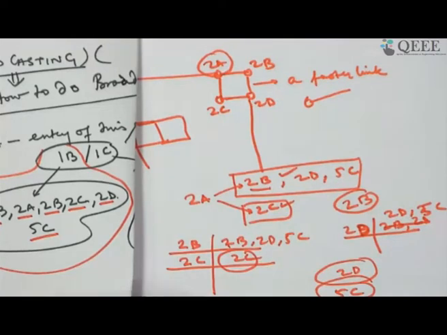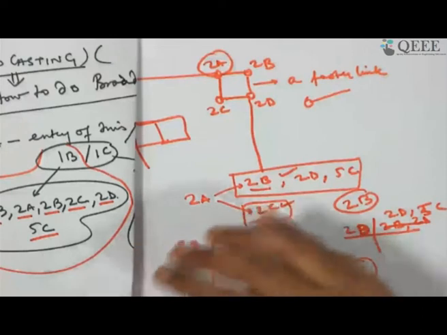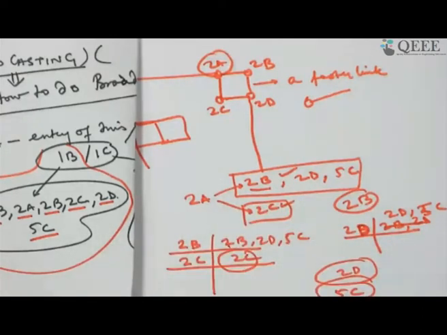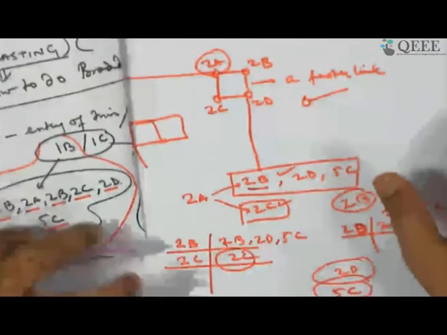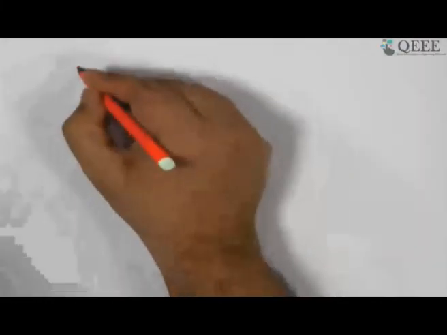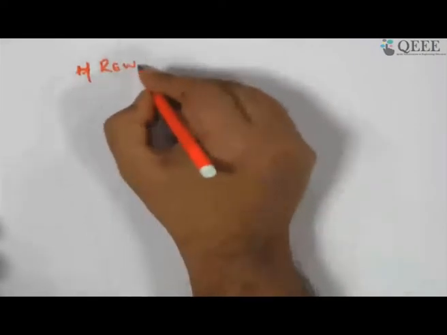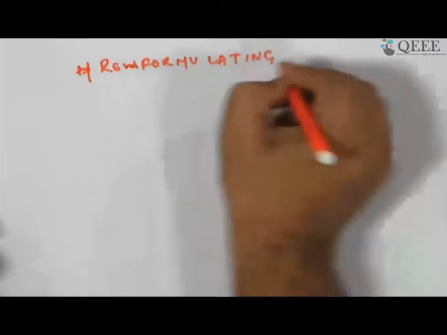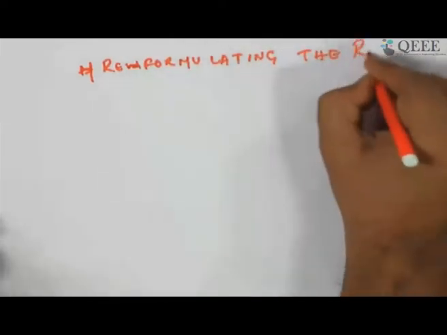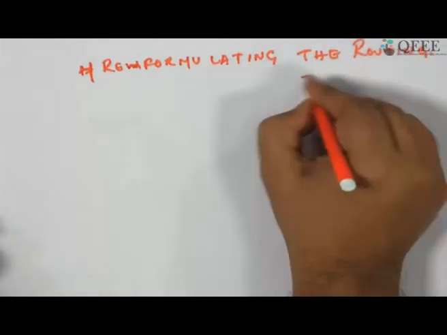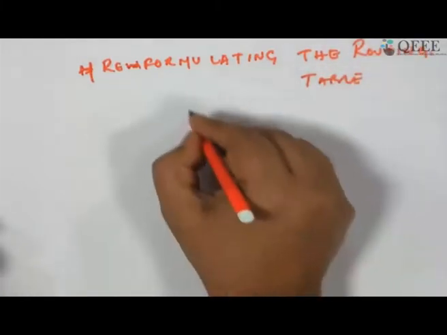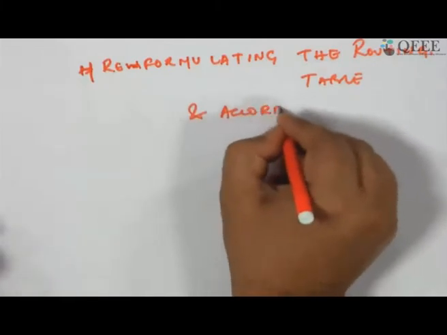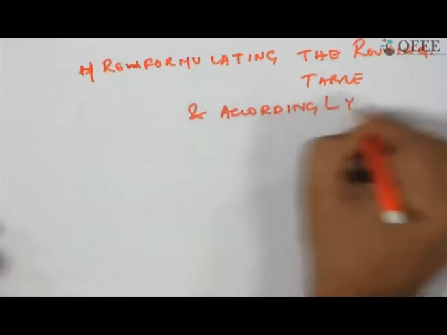So what is happening? The broadcast algorithm is acting efficiently. What it is doing is manipulating, rewriting, reformulating the routing table, and accordingly sending packets.